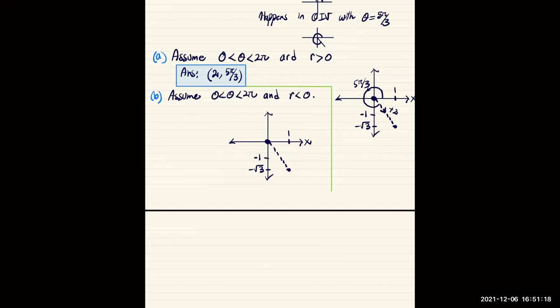With a negative r, we have to go this much away from the polar axis to that terminal side, and then go the opposite of that to get a negative r. Let me extend that segment. Measure counterclockwise. The terminal side of the angle is of course going to be in quadrant 2. We know this segment is in quadrant 4. Now, if you want a negative r, then the terminal side of your angle should be in quadrant 2, so that when you go the opposite way, you fall in quadrant 4.